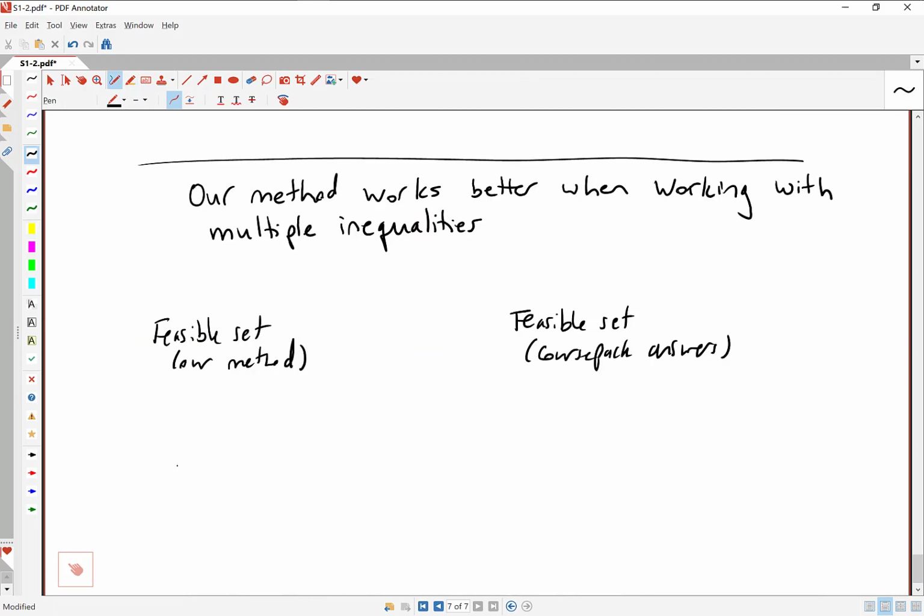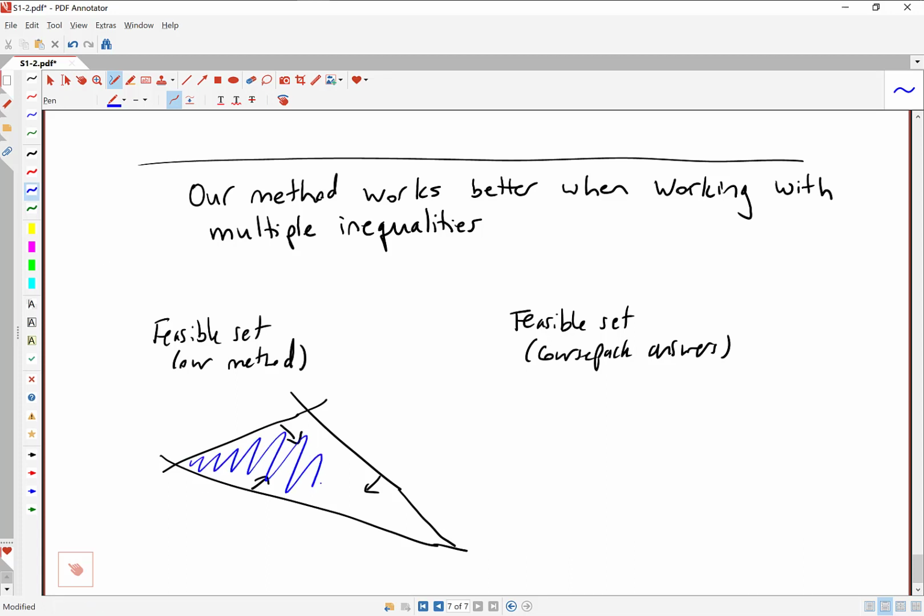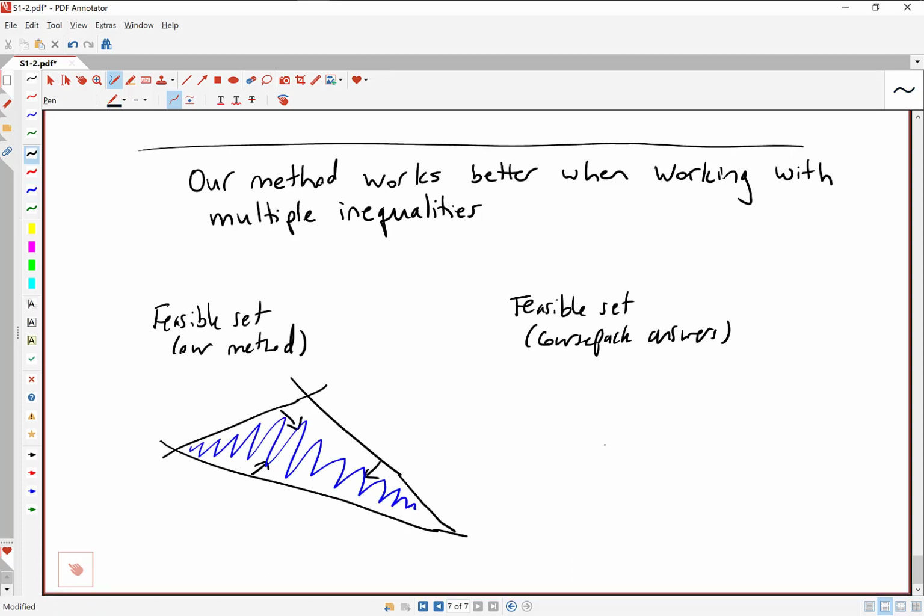So suppose we're graphing a feasible set, and let's say we have 3 inequalities. Let's say one's going this way, one's going that way, and then we have another one that's going this way. Our method shades in the points that are included, so we would just have this triangle shaded. Whereas the course pack, if they were solving the exact same problem, does it like this.